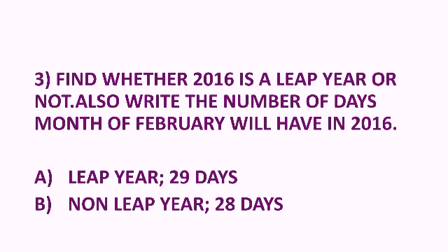If after dividing 2016 by 4 you do not get any remainder, then it is a leap year. And there is also a second part of the question. Also write the number of days the month of February will have in 2016. So first you find out whether it is a leap year or not, then the number of days in February. Correct?